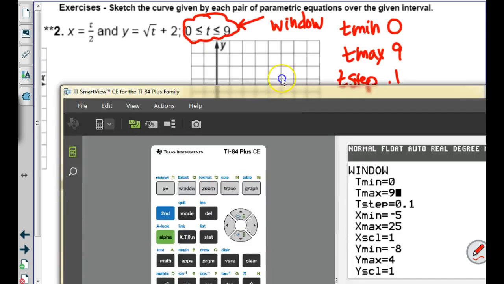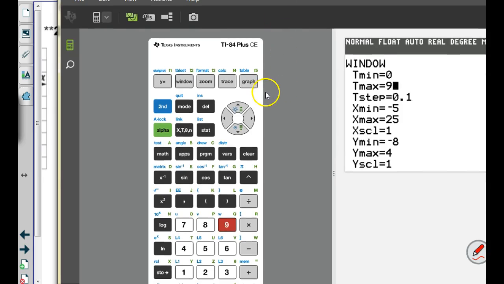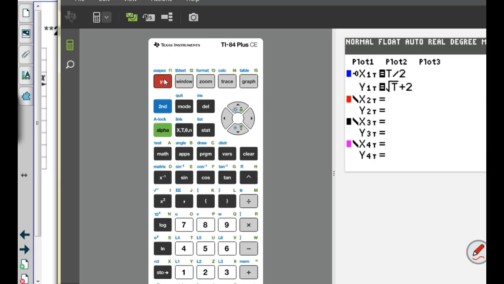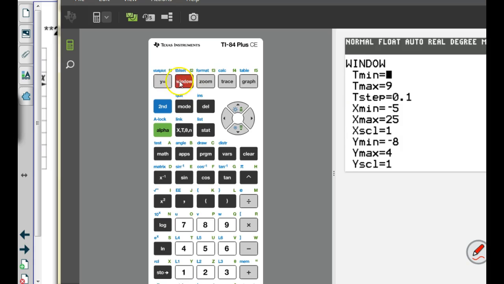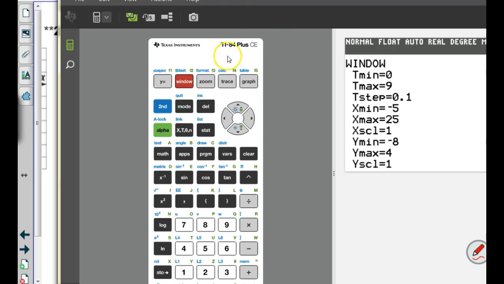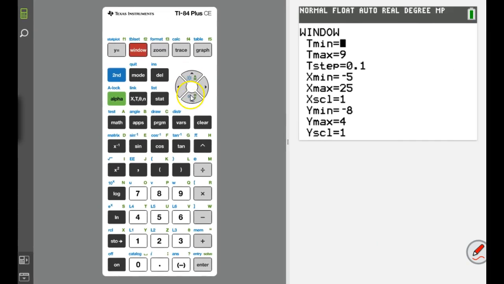Graph paper? I think we're probably okay with what we have. I don't think we need it that big. Oh, mine went off the top. Did yours go off the top? I need to change my window to better represent the graph paper.